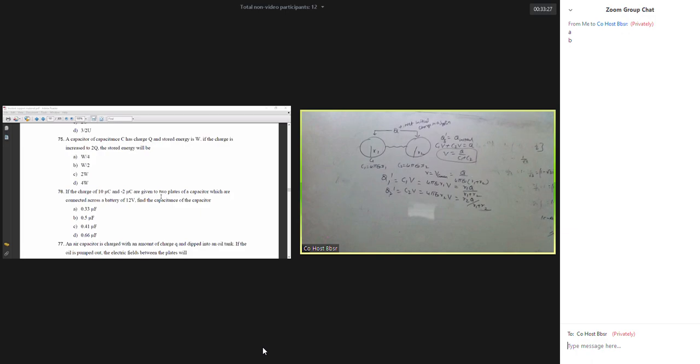76. Q1 minus Q2 upon 2 into the formula. So 10 minus (minus 2) upon 12 gives 1 by 2, 0.5.